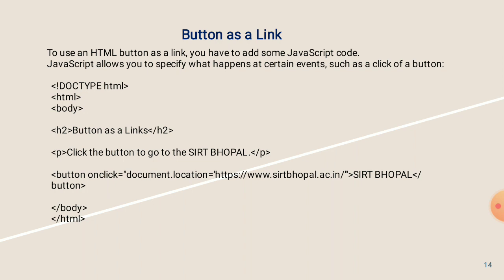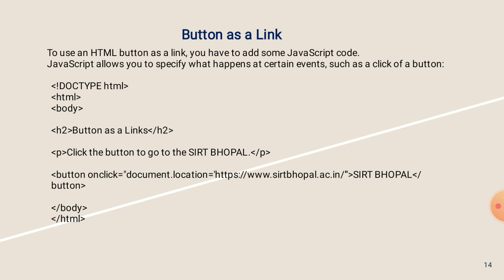Our example is: HTML start, body section start, then we declare a heading 2, button as a link, then a paragraph saying HTML is connected with paragraphs, different buttons, different images also. The paragraph says click the button to go to SIRT Bhopal, paragraph close.